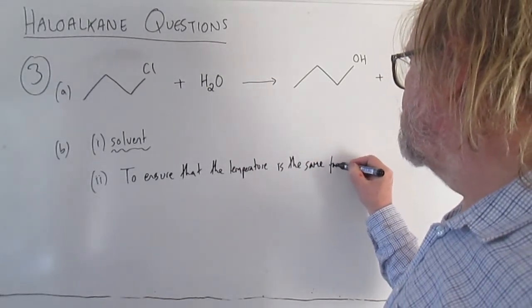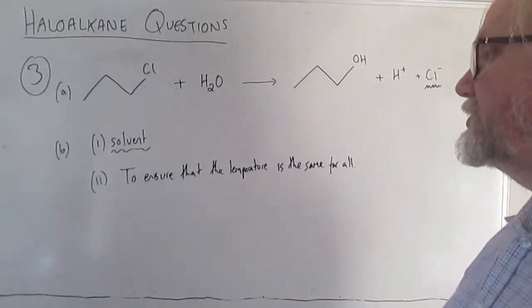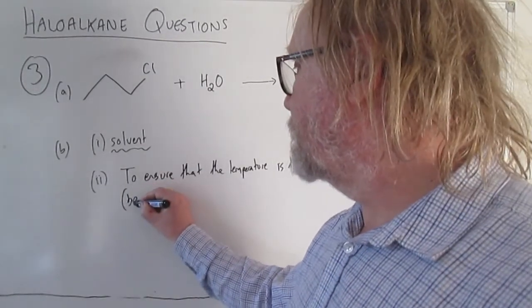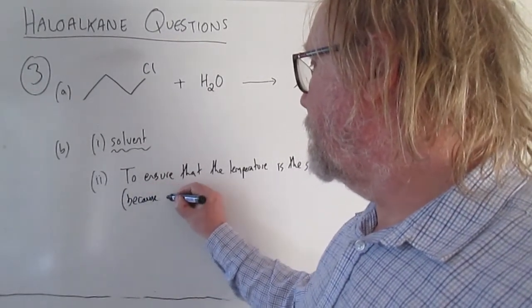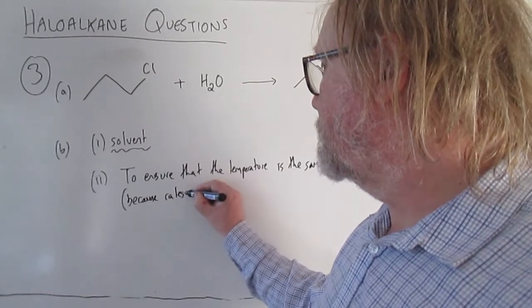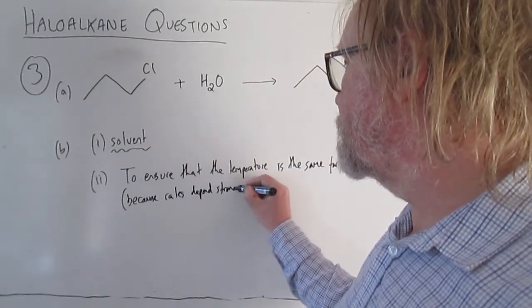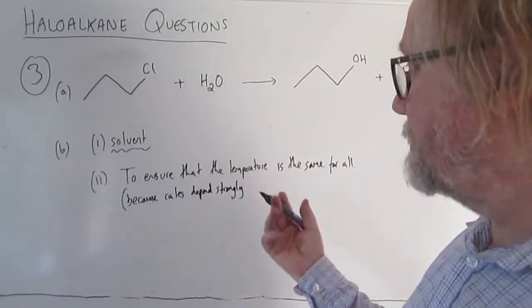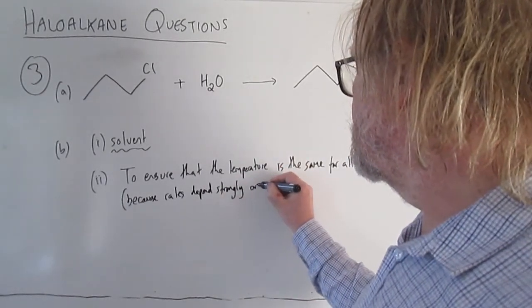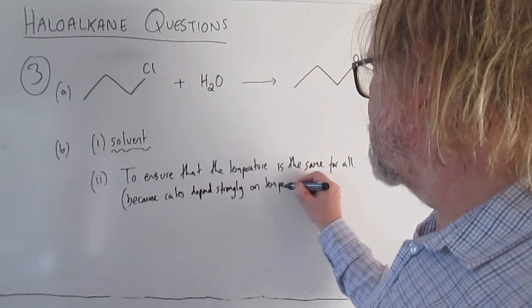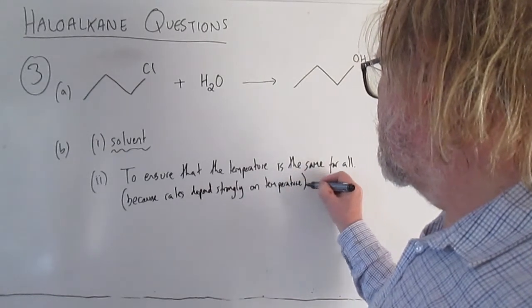That's something we'll learn much more about when we get on to rates of reaction, but it's worth just emphasising here that rates depend strongly on temperature. So obviously if you were comparing them at different temperatures, the difference in rates would be a bit meaningless. So it's what you might have in the past called a fair test.